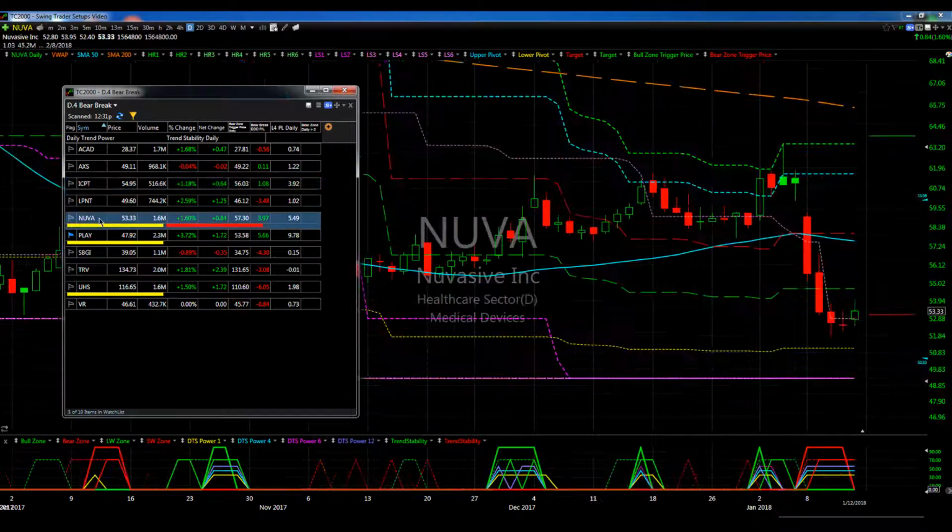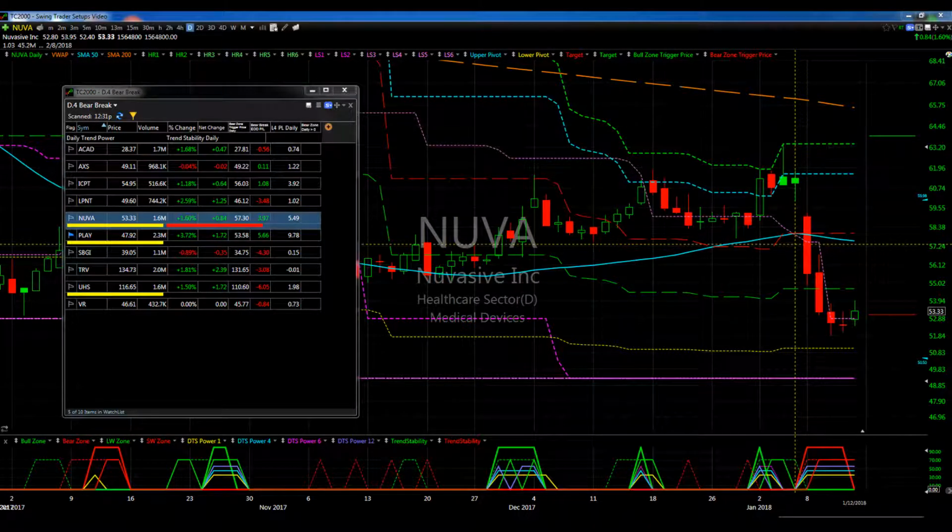Nuvia. Okay, this is not still in the bull zone or bear zone. This is the new bear zone level. When this stock broke out, $57.37 is where it broke out, which was after it got into this gap day, and that came in right here.